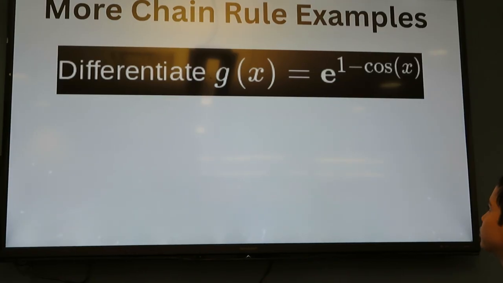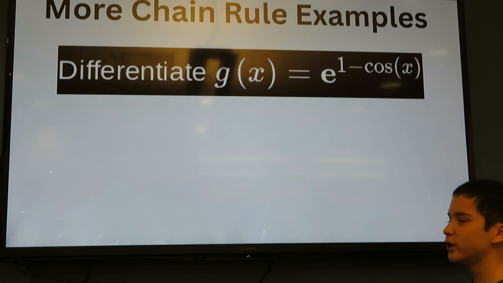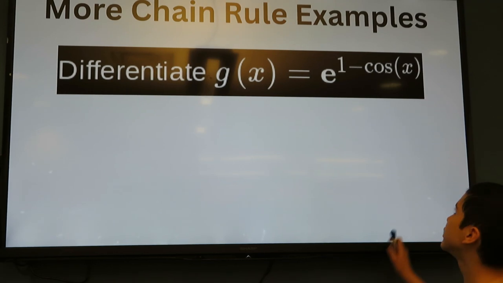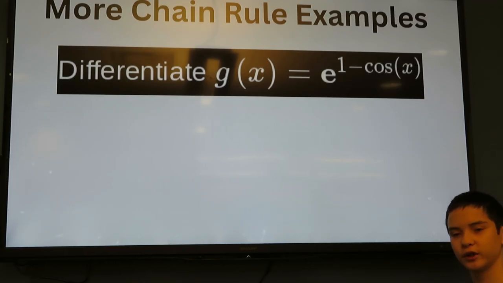Another example of the chain rule would be the function g of x equals e to the 1 minus cosine of x power. So we have an outer function of e to the x, and we have an inner function of 1 minus cosine of x, since it's replacing the x of the e to the x function.